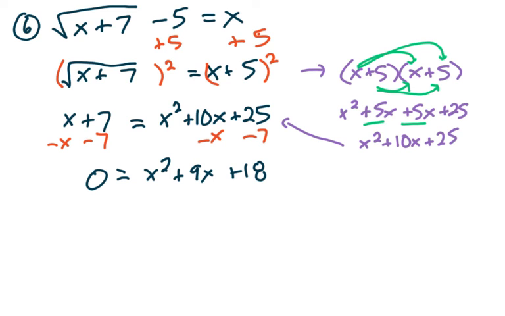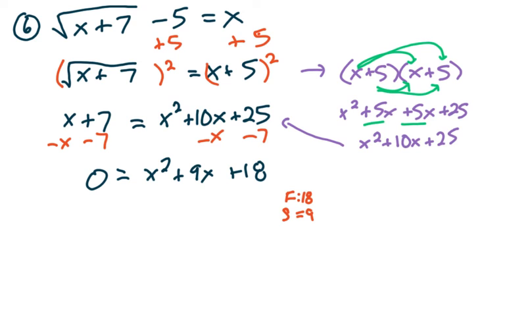So on the right side, we can factor, we can use the quadratic formula, we could do completing the square. My preferred method is factoring, because if a problem can be factored, I think it's the easiest. So we are looking for factors of 18 that have a sum of 9.